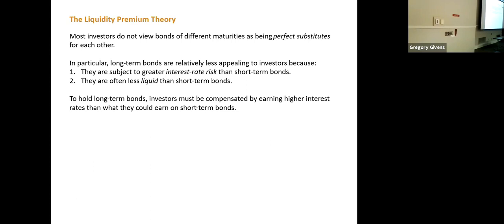They're going to have to be compensated for holding these less desirable assets in the form of a higher return or a higher yield to maturity. Right, Levi, you might be willing to purchase the 2-year bond instead of 2 consecutive 1-year bonds if you're compensated for that additional interest rate risk you're taking on, or that slight reduction in liquidity, as long as you're paid a slightly higher yield than what you would get on a 1-year bond, okay?